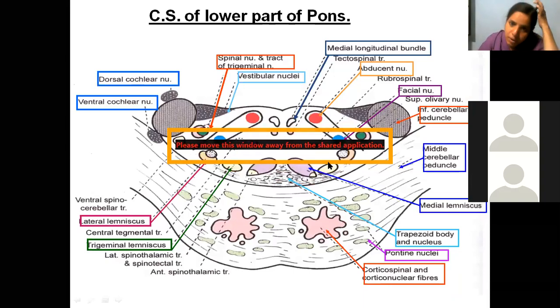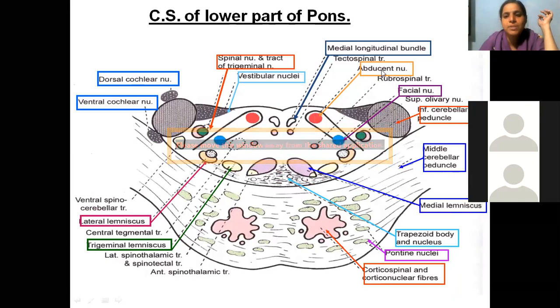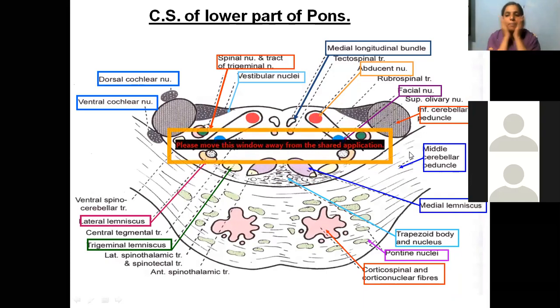What is the facial colliculus? This blue nerve is the facial nucleus and the red is the abducent nucleus. You are finding the facial nerve coiling and winding around the abducent nucleus to move towards the trigeminal nerve. When we study the nerve supply of face, sensory nerve supply comes from trigeminal, and motor nerve supply, movements of face, comes from facial.